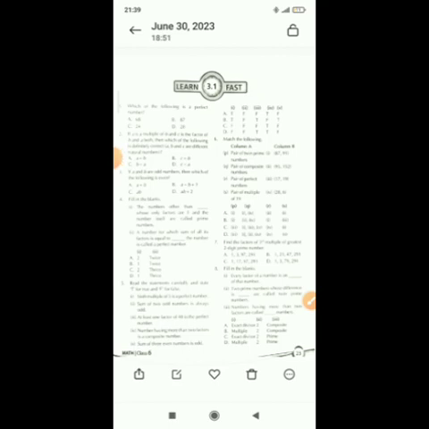Since 291 comes in the table of 97, it obviously has to be in its factor list. In the factor list, we can see that B and D don't contain 97 in its options, only A and C. So now we have to decide whether A should be the correct option or C.